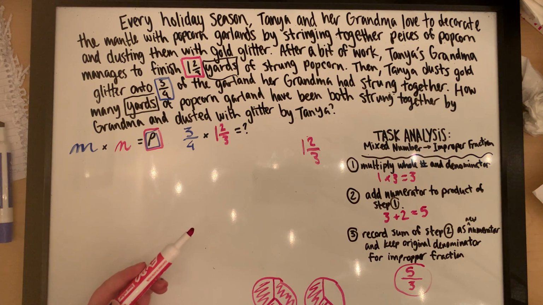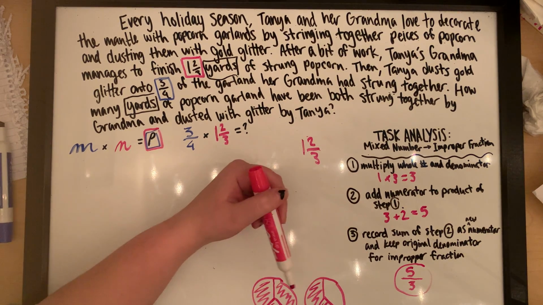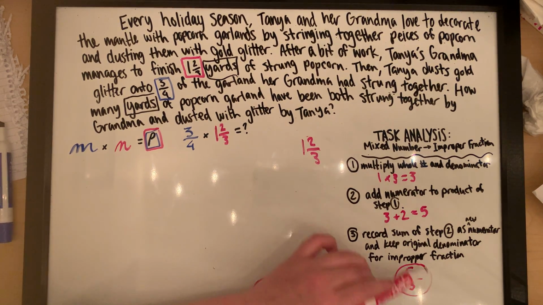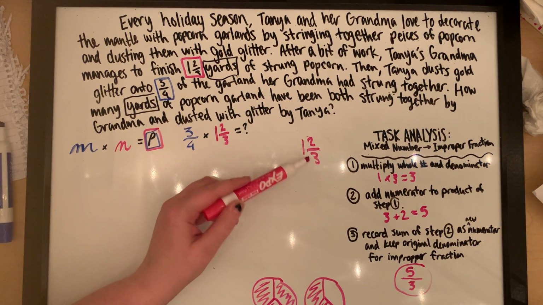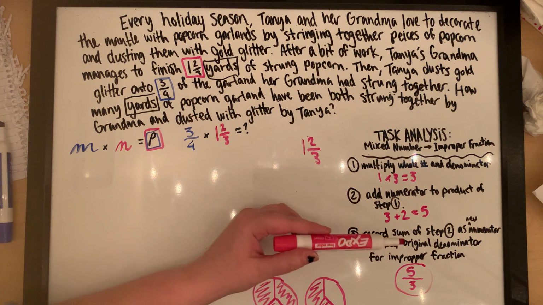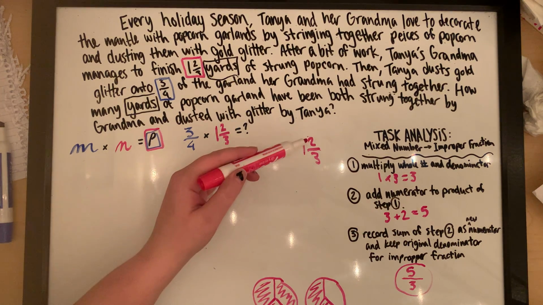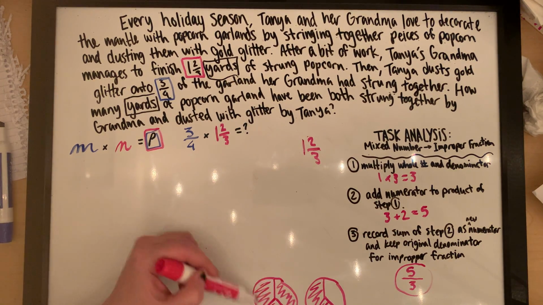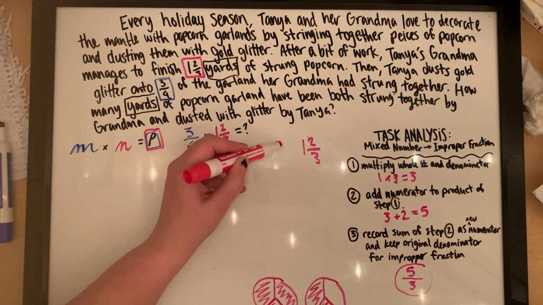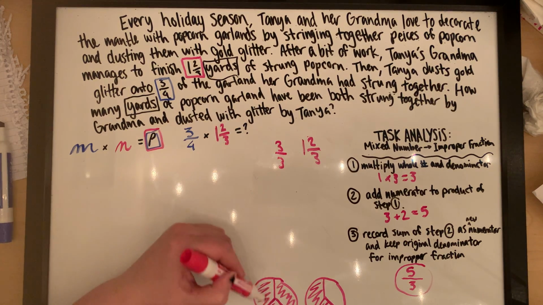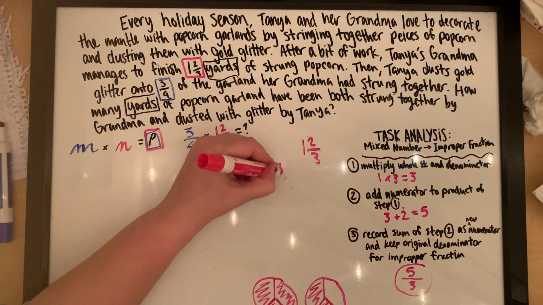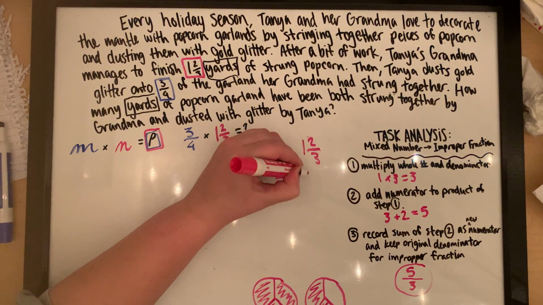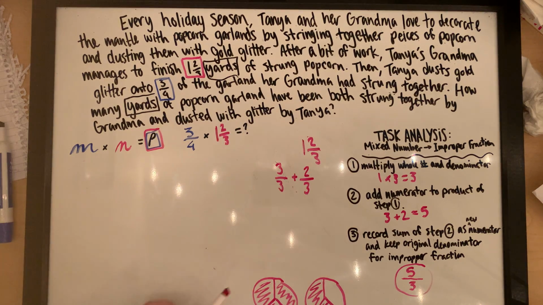And another way to connect the significance of what we're doing here is 1 2/3 is equal to 5/3, because if you look at here, we drew our whole, which we know is the equivalent of 3/3. We drew 3/3 plus 2/3.